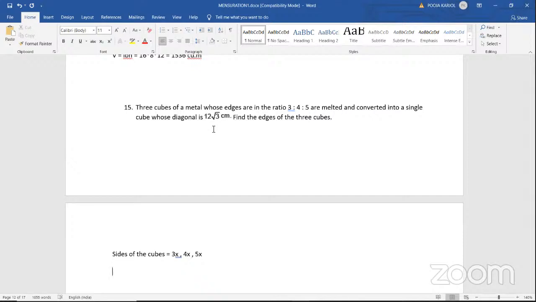Remember yesterday's one. So the diagonal of a cube would be root 3 into a, the square root of 3 into a.